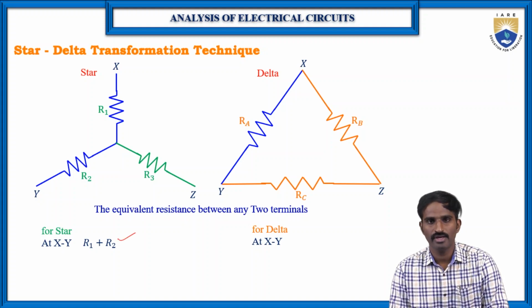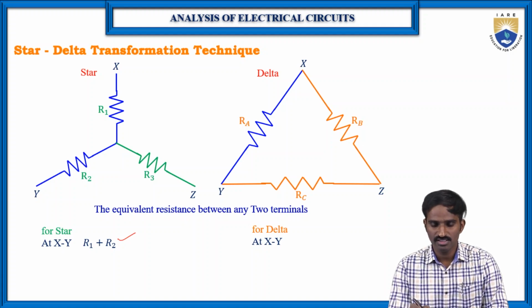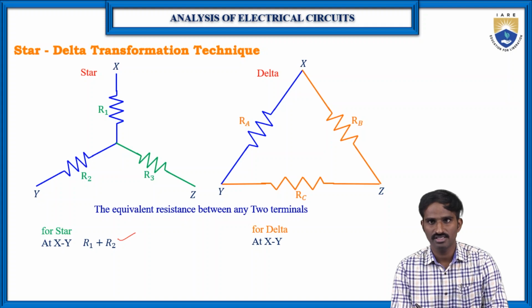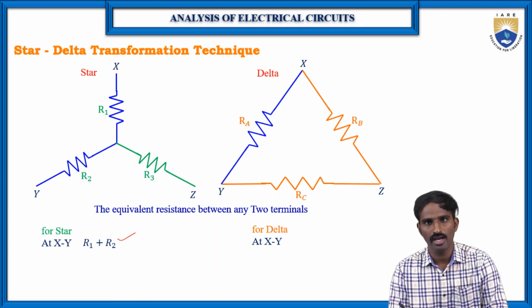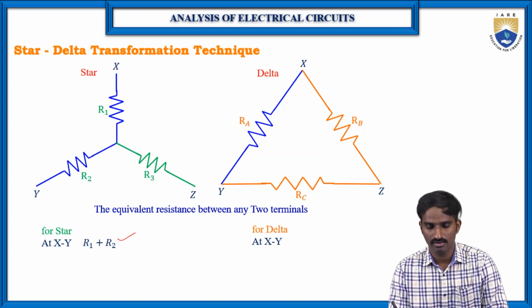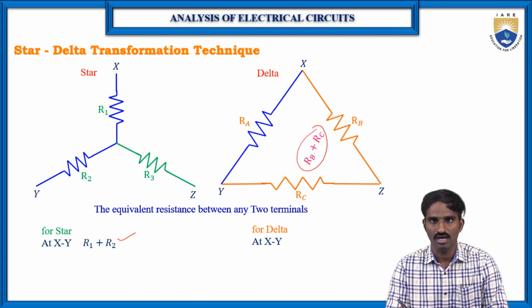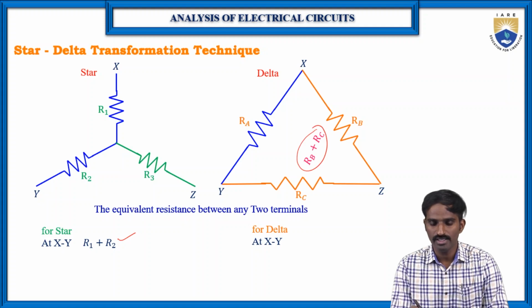Similarly, now we are going to find the equivalent resistance between the X and Y terminals in the delta connection. Between X and Y, of course, the RA resistor is there, as well as the series combination of RC and RB. So these RB plus RC and RA both are in parallel.